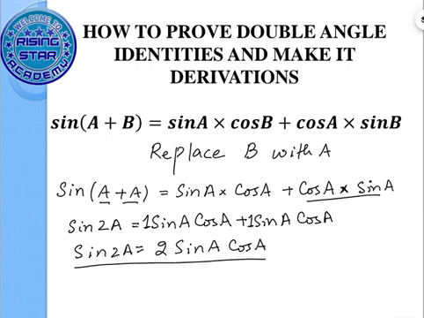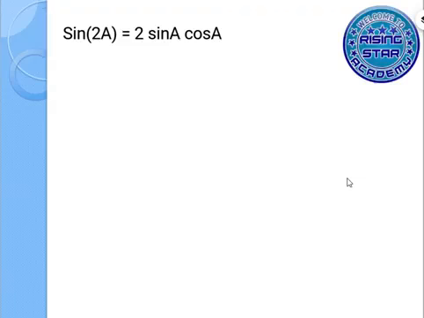Now from this proof we can make a derivation with a half angle. So let's see. Here we can see that sine of 2A is equal to 2 sine A cos A. Now for making the half angle, I will divide each angle by 2.